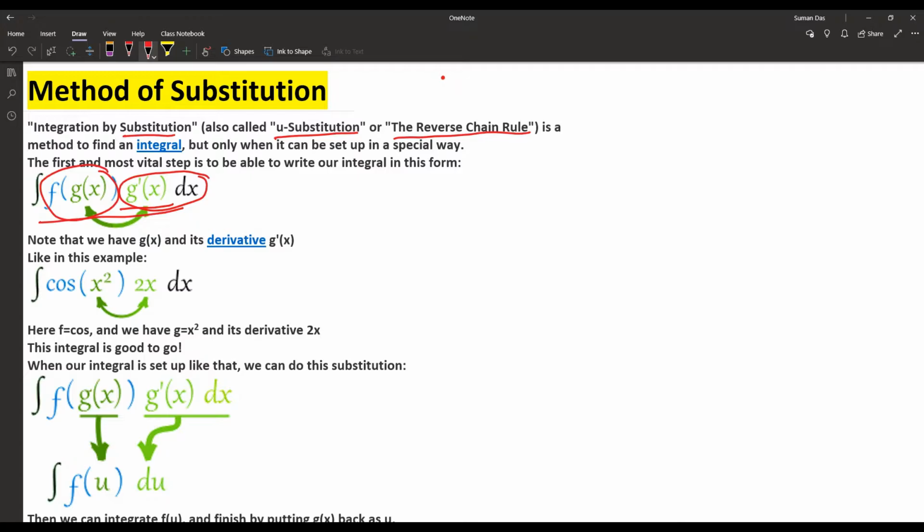Let us first check an integration. Suppose we have to integrate cos of x square times 2x dx. Let us consider that x square is equal to u.